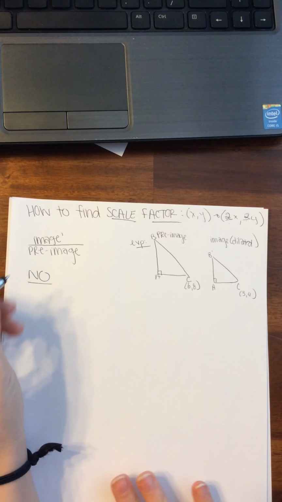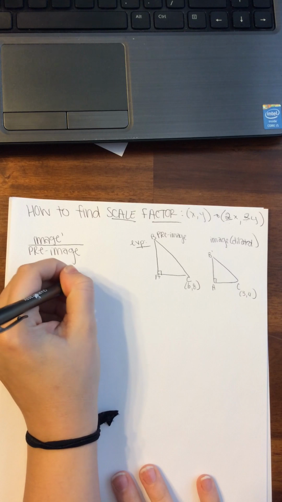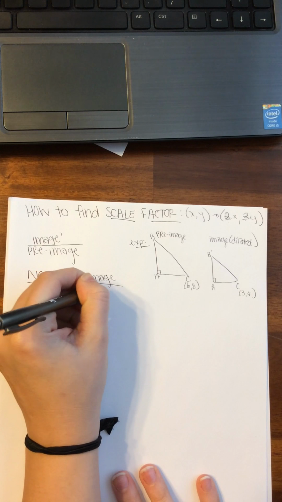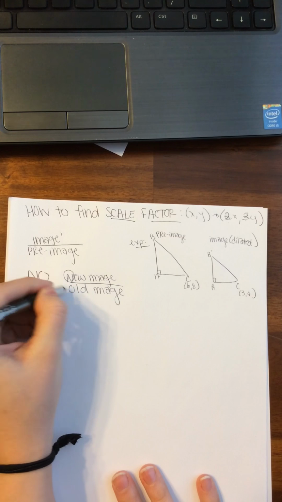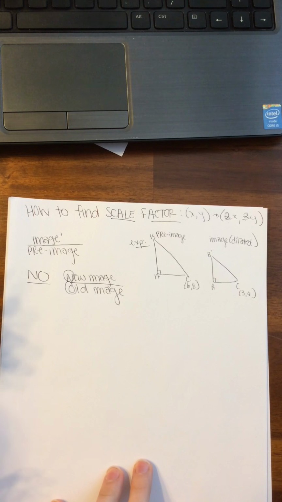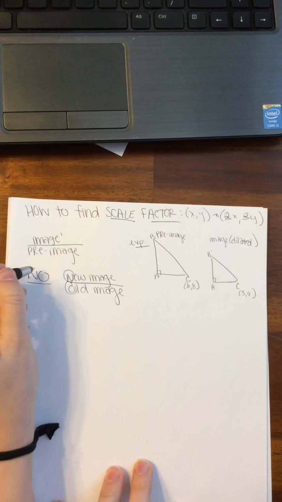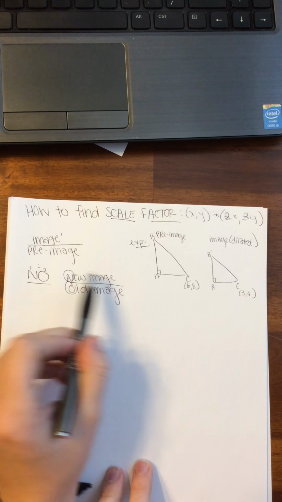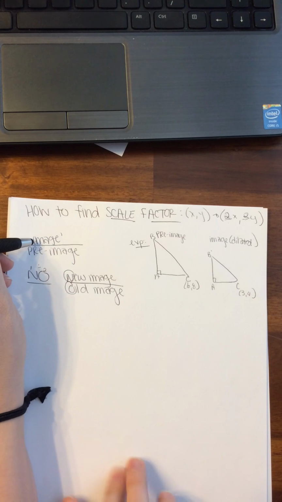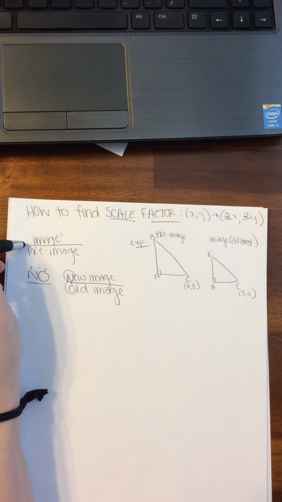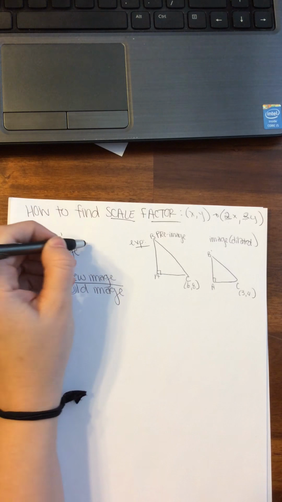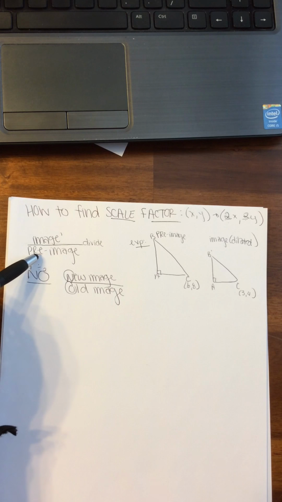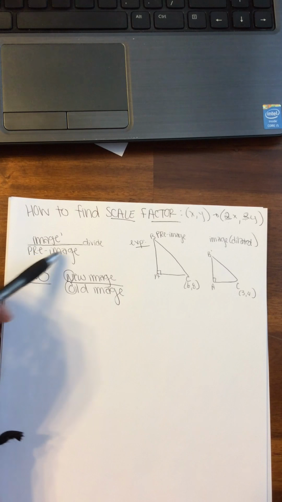It means new image divided by old image. That will help you remember the order. What goes on top, this is first, this is second, and then you have divided by. So it's your new image, or your image prime, divided by your pre-image, so your image that comes before.